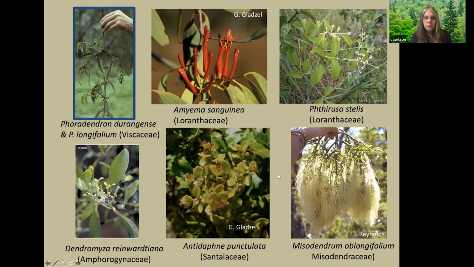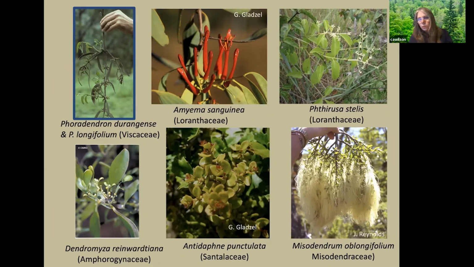Then we have Dendrophthora representing the Amphorogynaceae, Antidaphne for the Santalaceae, and Misodendrum for the Misodendraceae. Each of these last 3 also have small flowers. So overall, you find in the mistletoes that you have small flowers.